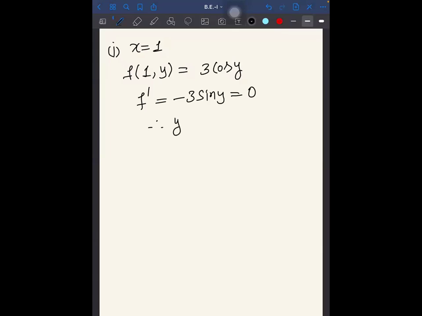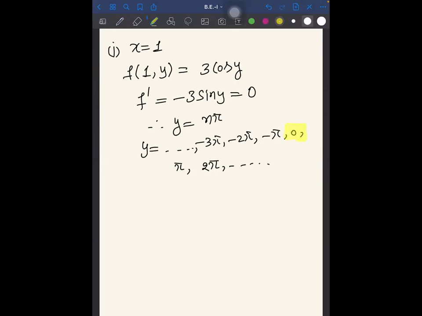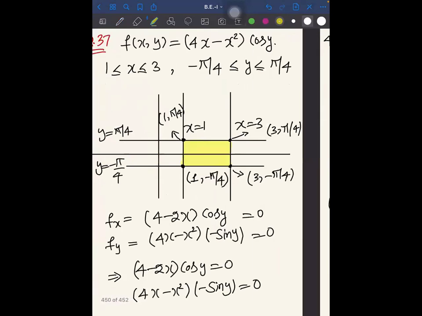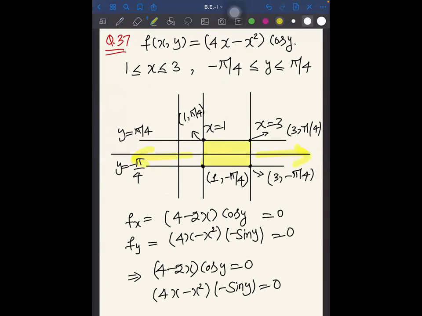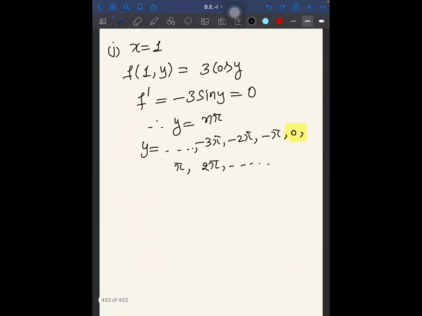So your y is 0, but your y can actually be n pi. So you have many values of y, that means minus 3 pi, minus 2 pi, minus pi, 0, pi, 2 pi, and so on, right? But the only eligible value is 0. Why? Because all these other values are lying outside our region. Either they are to the right of our region or they are to the left of our region. So they are not eligible candidates for us. Okay. So y has to be only 0.